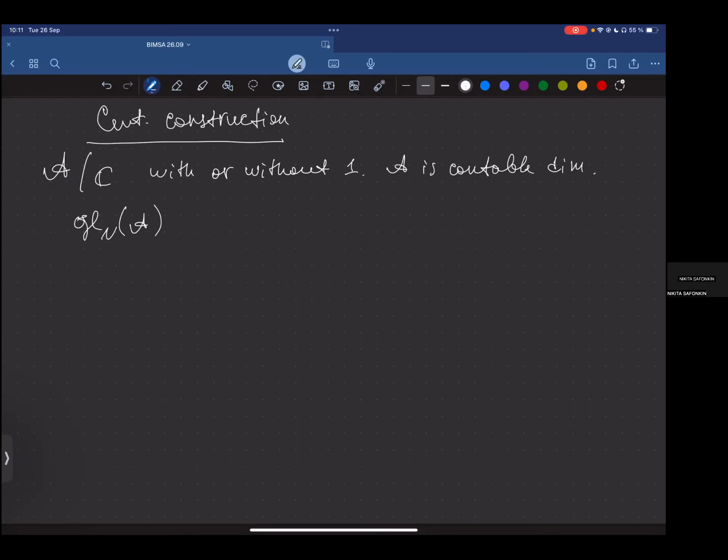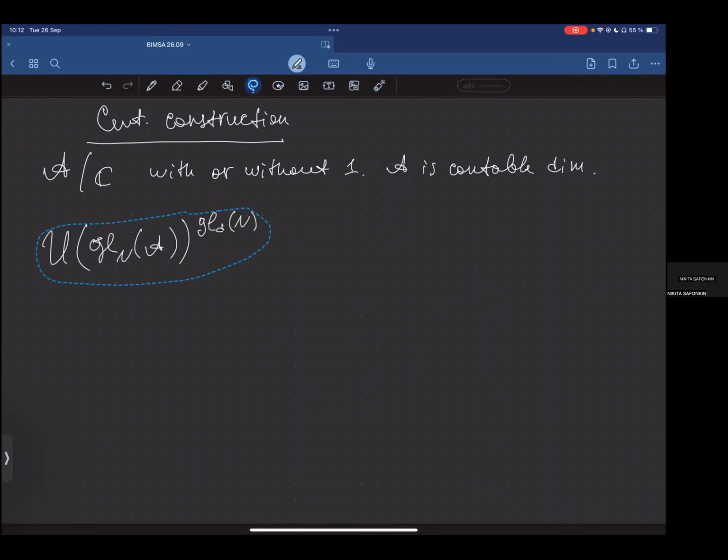So this GL_N over A may be an infinite dimensional algebra, but that will not be a problem for us. And we can consider its universal enveloping algebra. Olshanski's centralizer construction deals with some centralizers of the form like this.